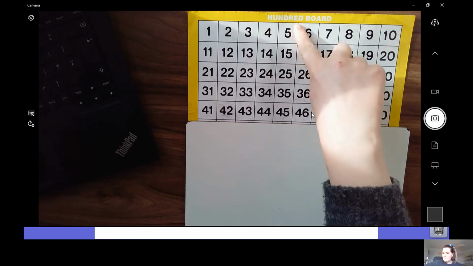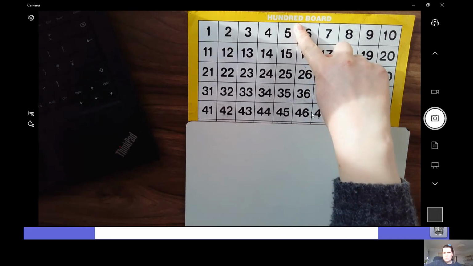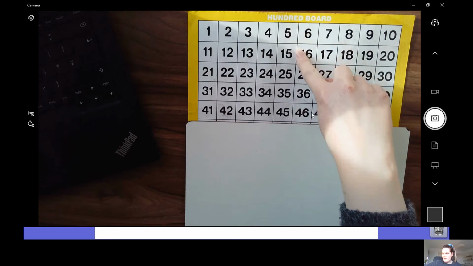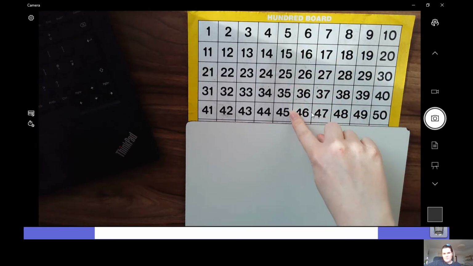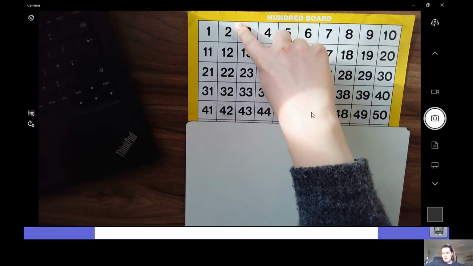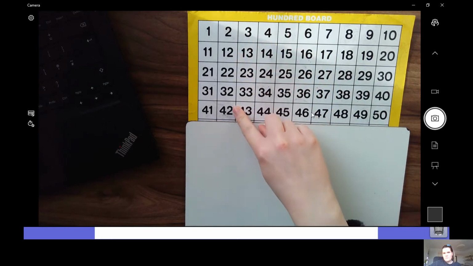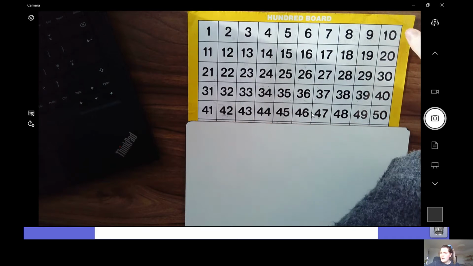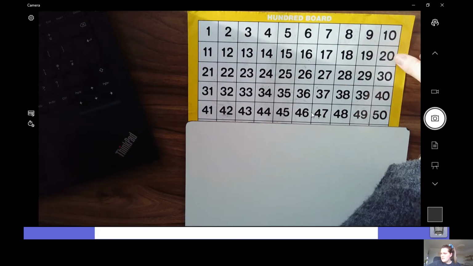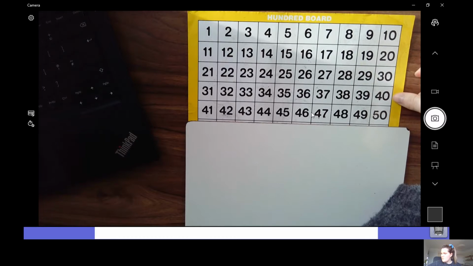Here's another pattern. These numbers all end in a 5. And these numbers here all end in a 2. And over here, I know I've got 10, 20, 30, 40, 50.